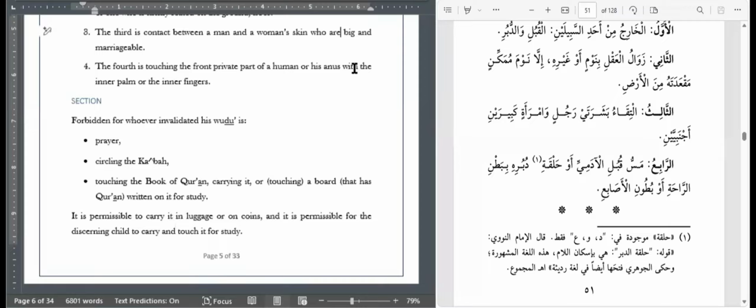Once they get to a stage where they are desirable, then touching this one breaks the wudu. For a woman to touch that boy will break her wudu, and for a man to touch that girl will break his wudu, and their wudu too. Both of them, the woman and the boy, their wudu will be broken. The man and the girl, both of them, their wudu will be broken.